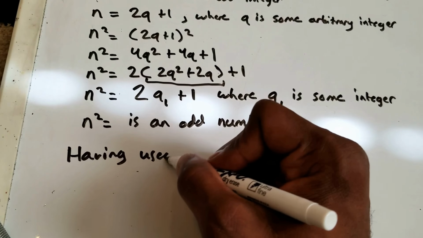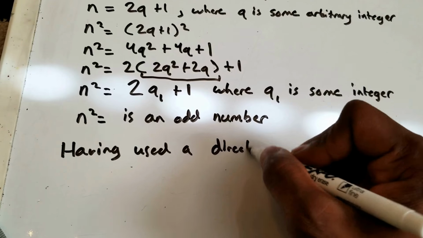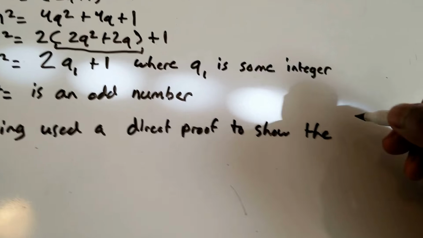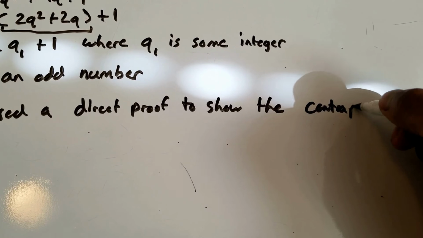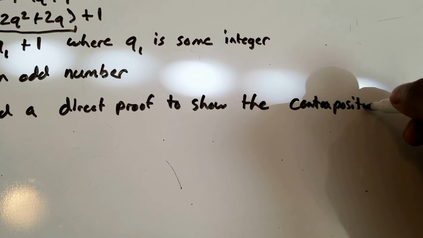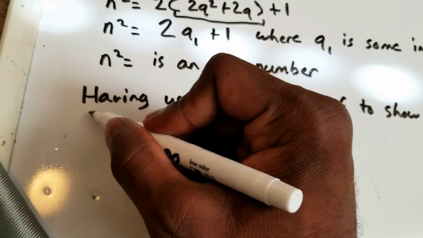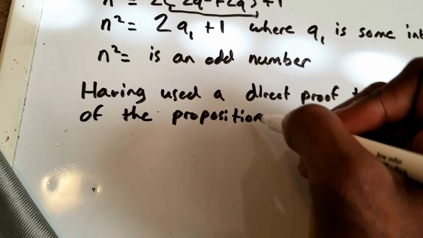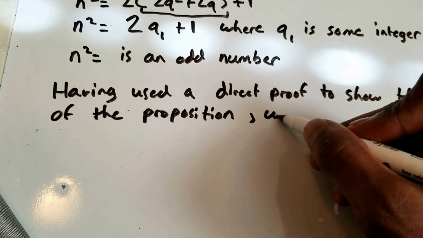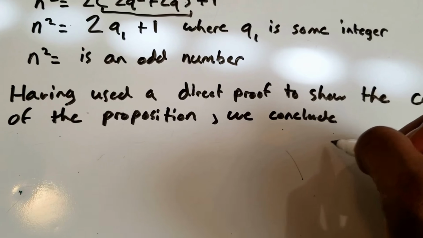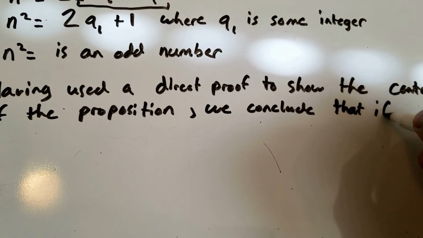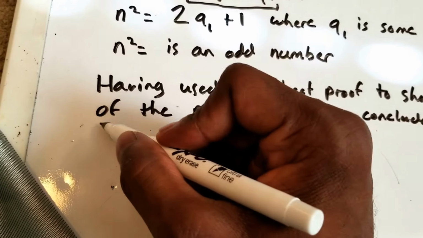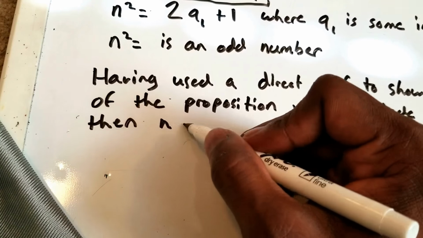Having used a direct proof to show the contraposition of the proposition, we conclude that if n squared is even, then n is even.